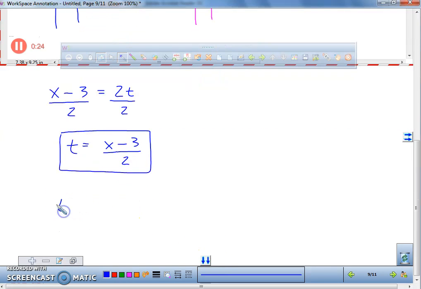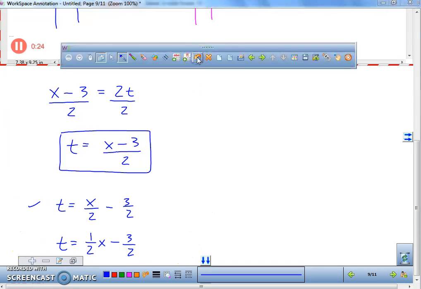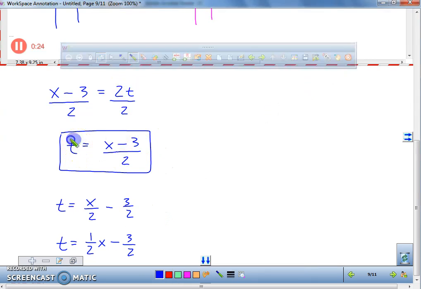Some students may write it as x over 2 minus 3 over 2, and some students might change it to a half of an x minus 3 over 2. All of these are correct. I'm just choosing to leave it like this. If you use this, that's fine. If you use this, that's also fine. So right now, the blue t is equal to this rational expression.